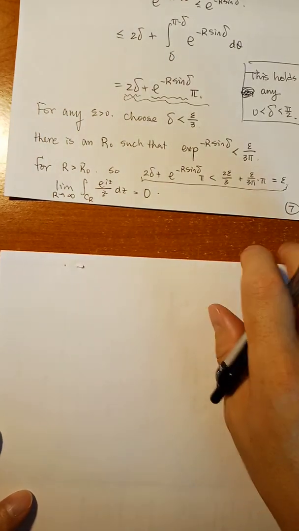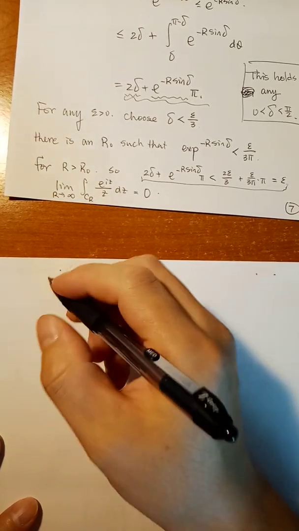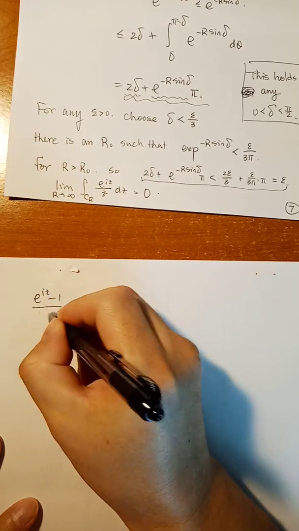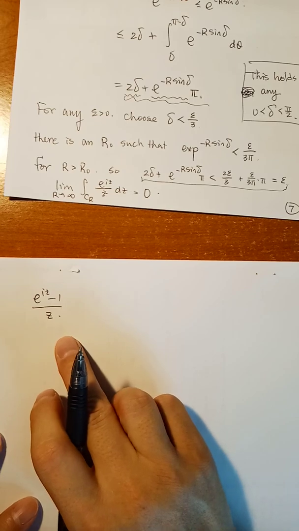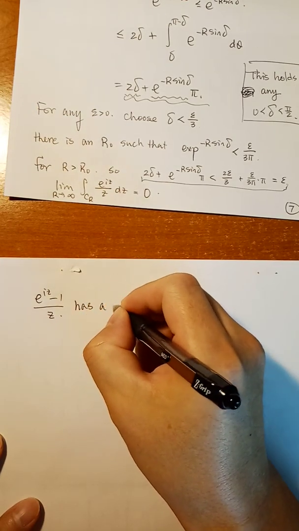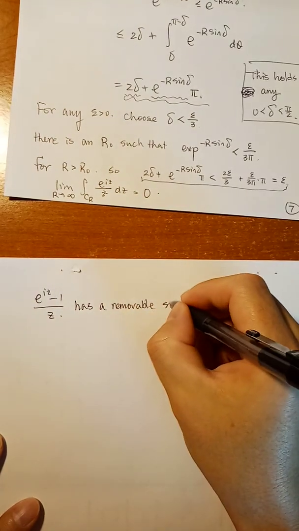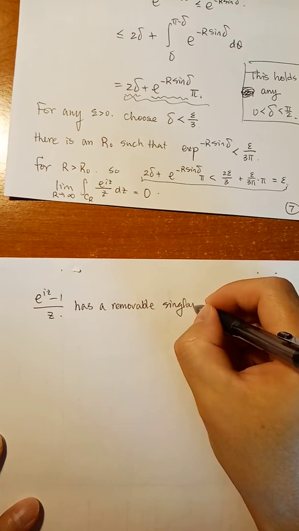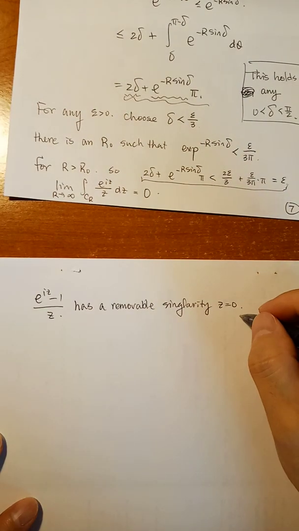Now let's check the small radius. Before that, let's study something. The function e to the iz minus 1 over z. From real calculus, we know this one has a limit. So it has a removable singularity at z equal to 0.